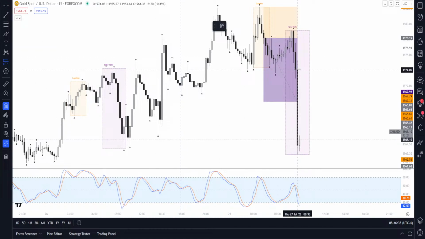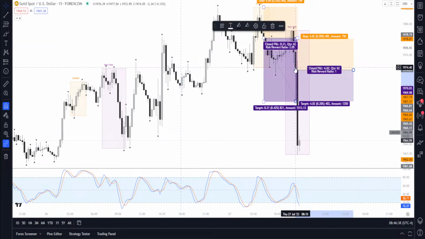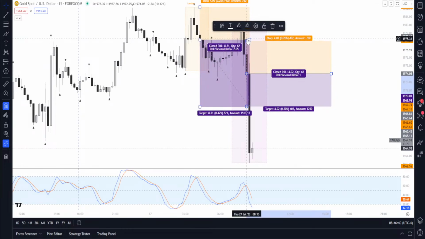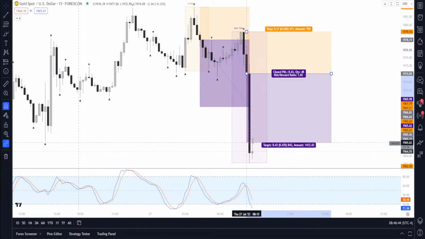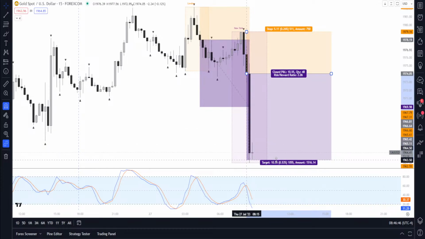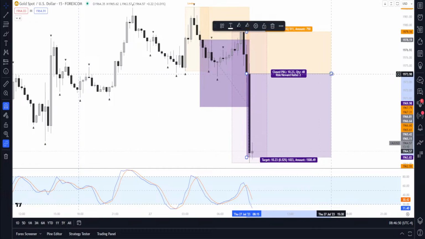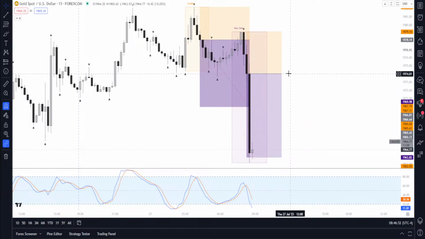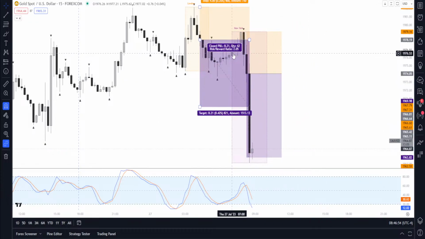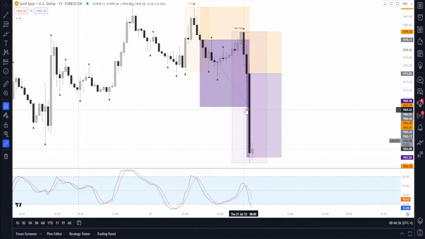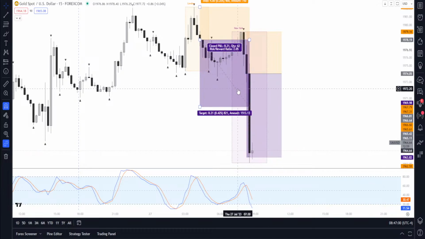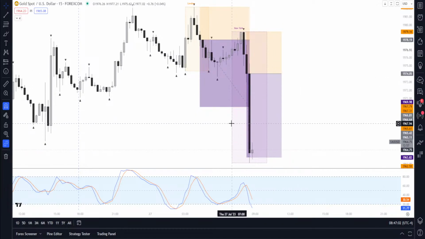If you entered the trade right here, your stop loss goes at the high of the session, and 2R would have been hit right here. The boxes for the session are a bit different because you start trading the morning delight on gold as early as 7 a.m.